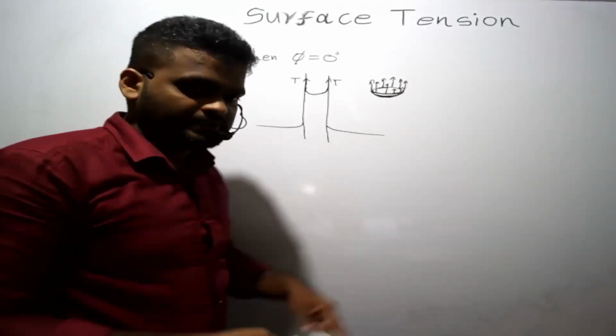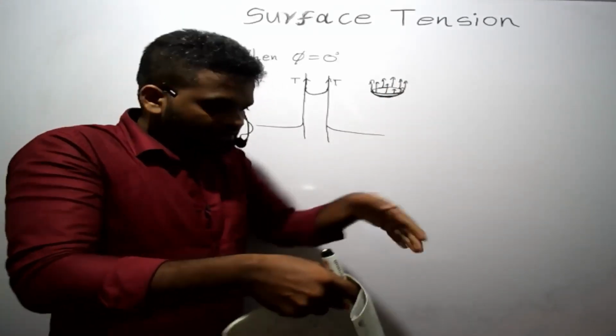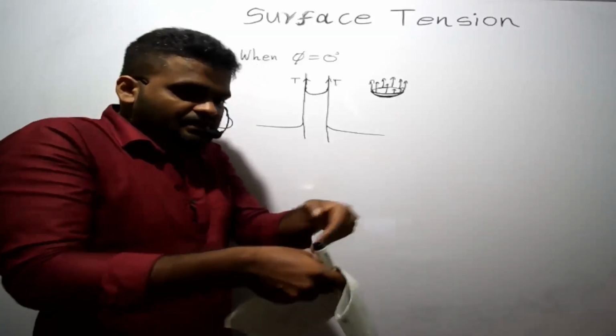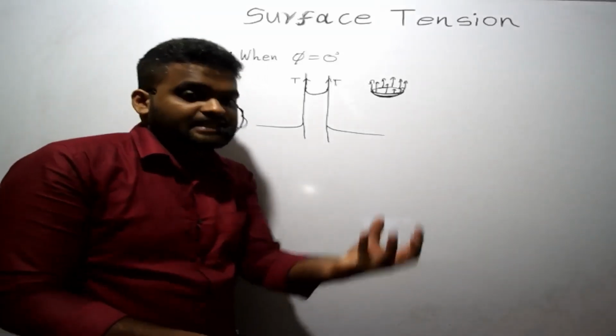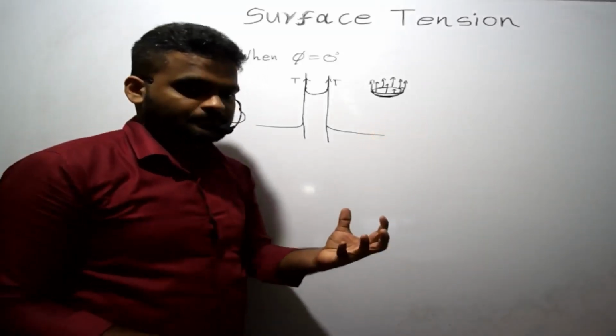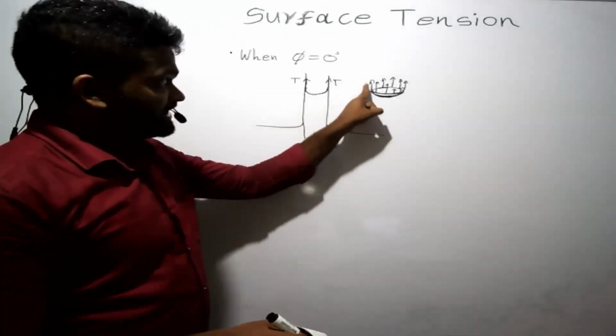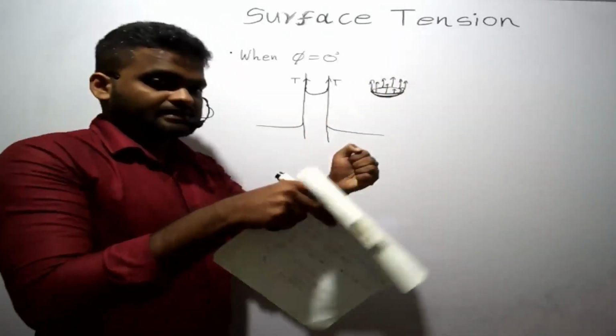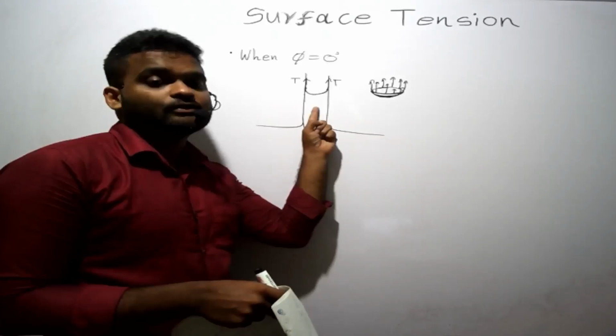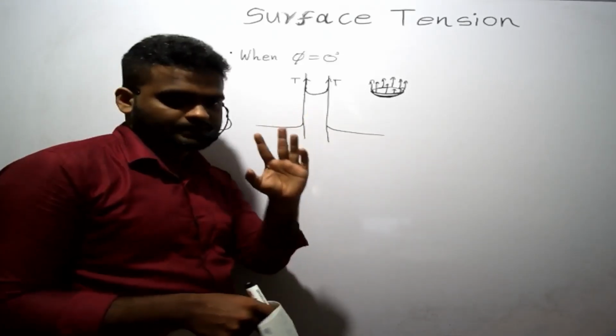Think of it kind of like a sack. Around it, surface tension forces are acting upwards. Okay? So these forces raise this liquid column. Understood?